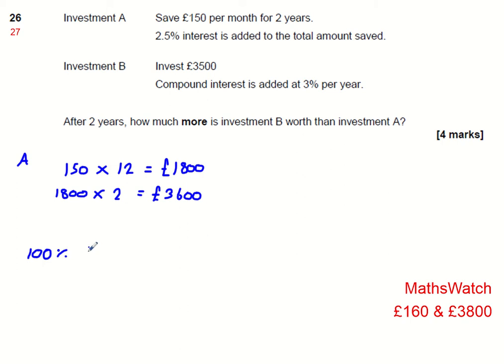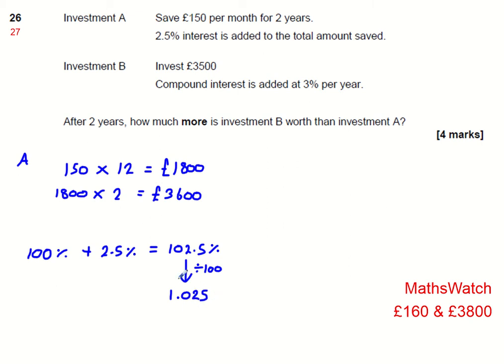We're then going to be adding an extra 2.5%, which means that once we are finished, we will end up with 102.5% of the original amount. That can be turned into a multiplier by writing it as its decimal equivalent, which means you take that percentage and divide it by 100 to turn it into a decimal, which means that's 1.025, and that is known as a multiplier.